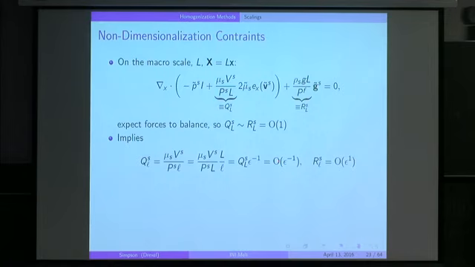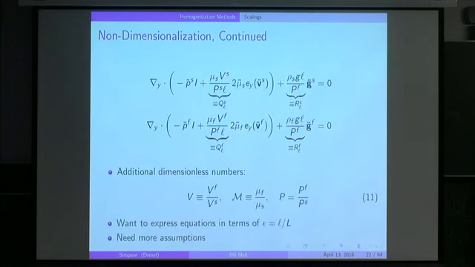I can then also say that R_L^S, by this same computation, is order epsilon. So when we go back, let's see, did I put it on this slide? This is going to be a 1 over epsilon for the solid equation, and this is going to be order epsilon. So we're beginning to see the appearance of the scale separations in the PDE model.